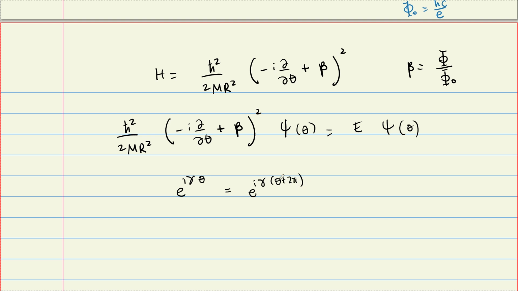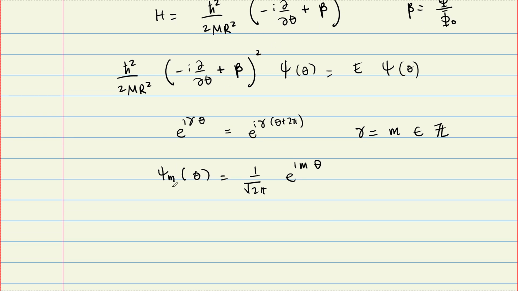Because if I go around the ring, I come back to where I was, and for this to happen, gamma should be an integer, so we are going to use gamma equal to m, an integer: 0, plus or minus 1, plus or minus 2, which is the usual angular momentum in the spherical harmonics. Phi m of theta is 1 over root 2 pi e to the i m theta, and the eigenvalues are going to be E m equal to this thing.